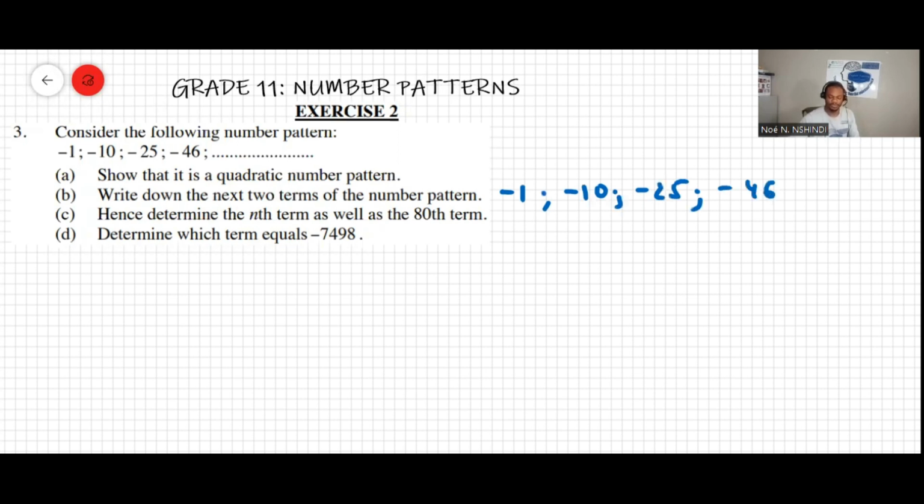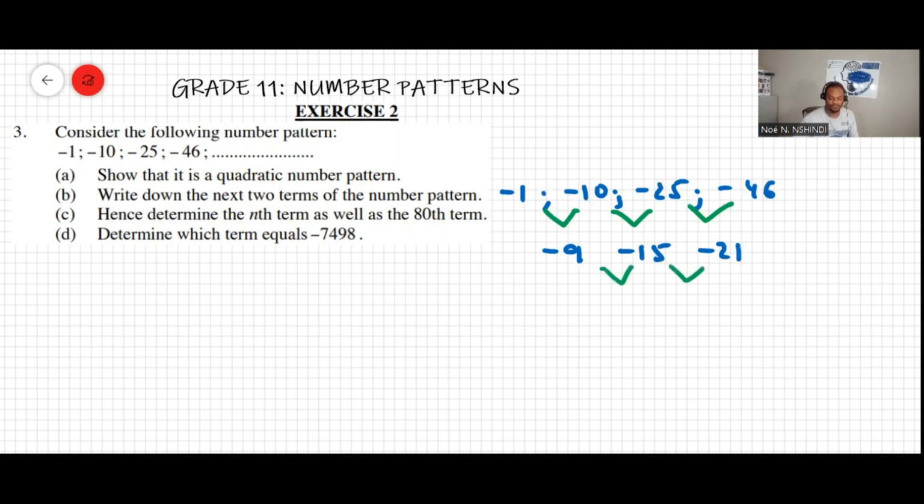First, we calculate the first difference of this pattern: -10 minus -1. We need to be careful here. It's -10 minus -1, not -10 minus 1. That makes -9, and then -15, and then -21.